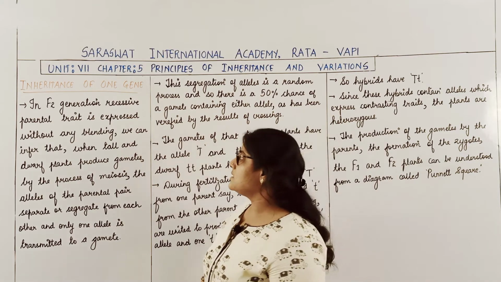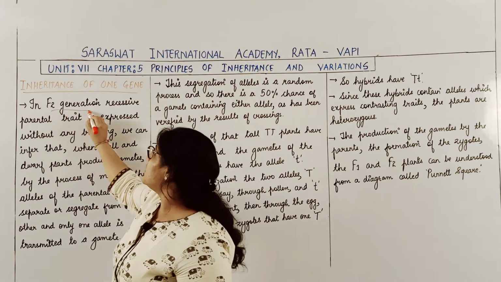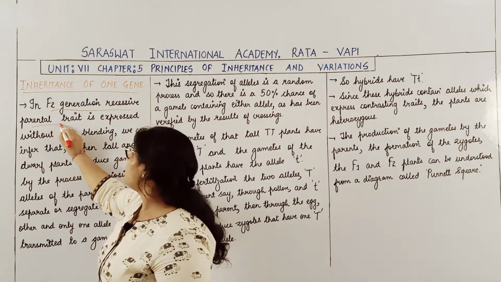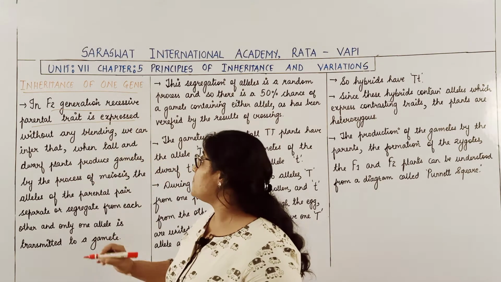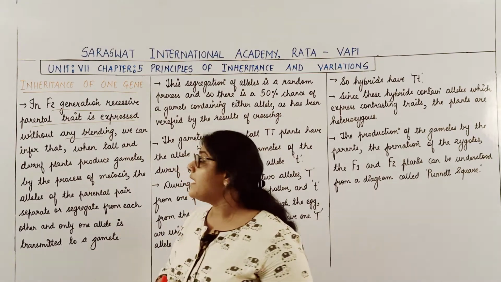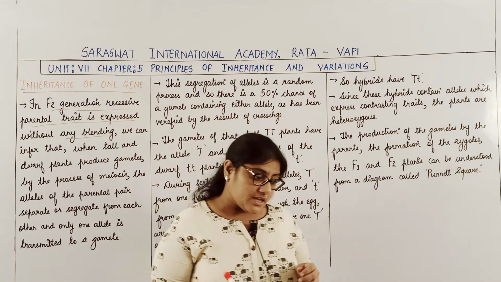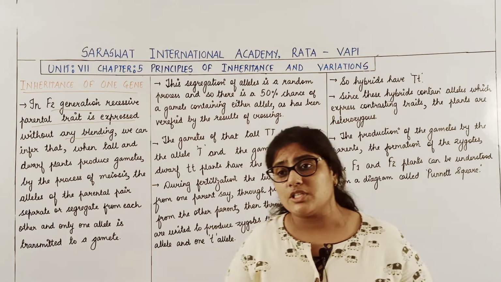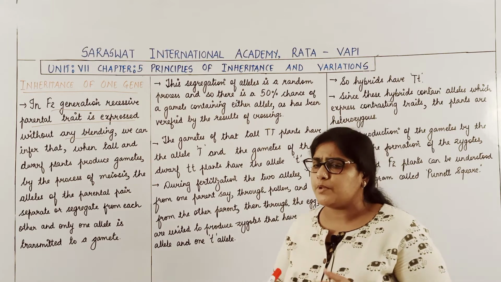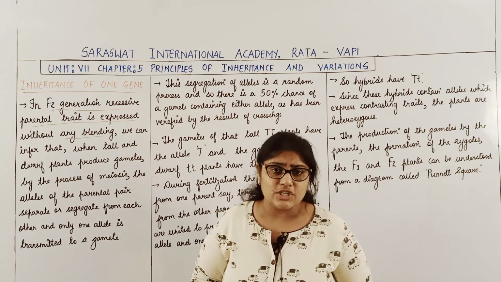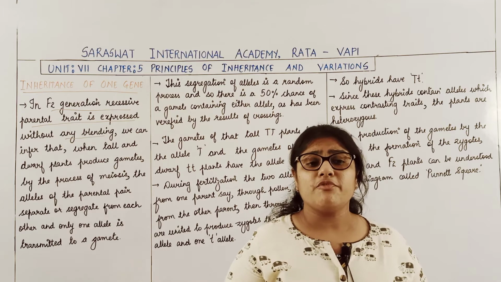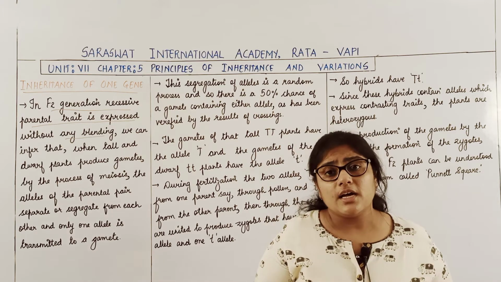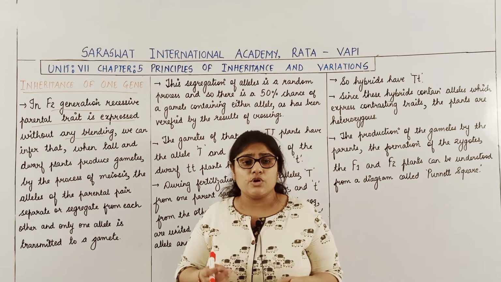Now students, in the F2 generation, the recessive parental trait is expressed without any blending. Lastly we have studied the cross between a pure tall plant and a pure dwarf plant. In that you have seen that all the F1 plants were tall, none of the F1 plants was dwarf.